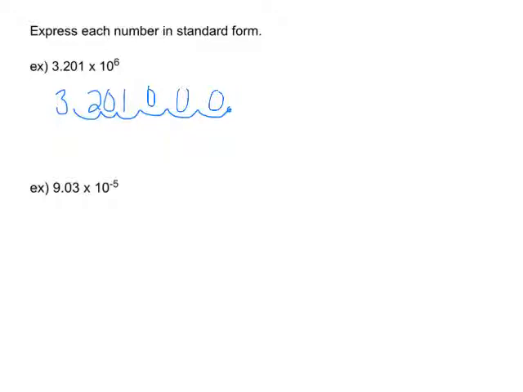So my number in standard form is 3,201,000. And I could check that by saying, okay, what happens if I moved the decimal place back over 6 places? Would I get the same decimal? And I would.